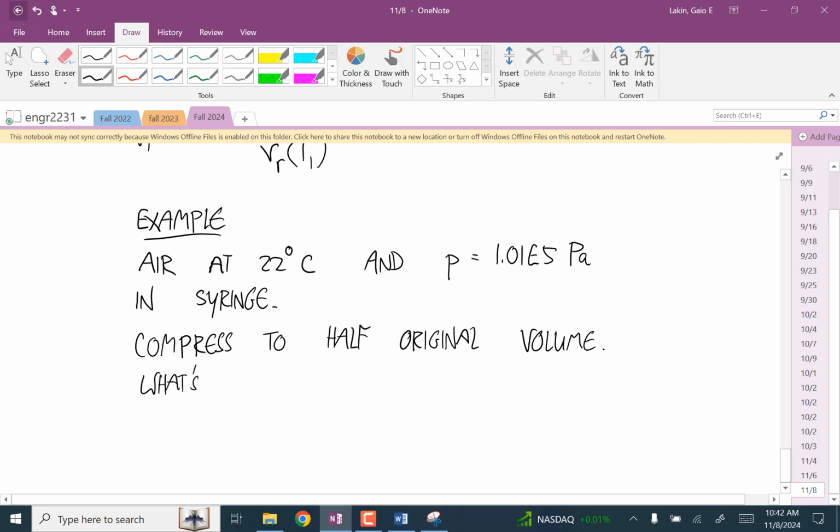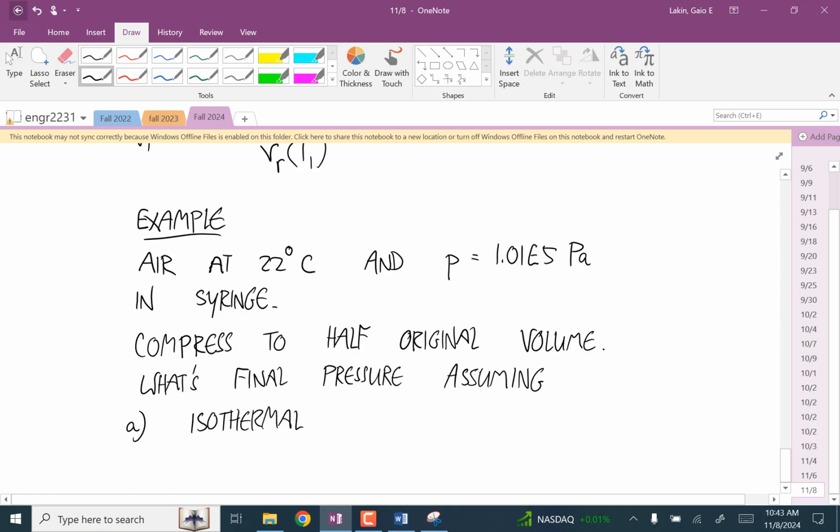And we want to know what's the final pressure, assuming first that this process is isothermal.